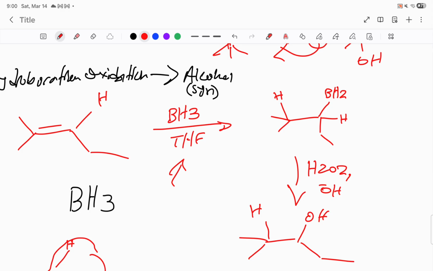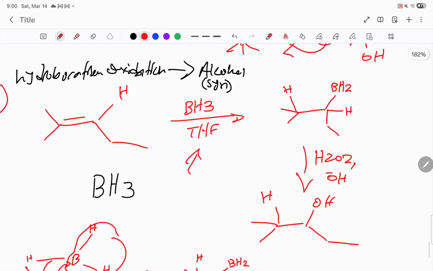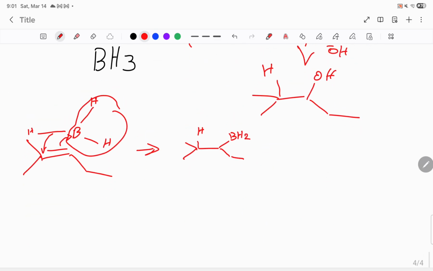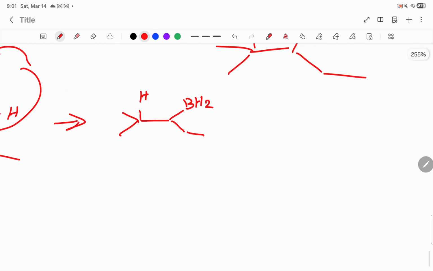Instead of BH3, you could also use dicyclamylborane. It is used if you want to direct this borane to a specific region. But, neither here nor there.